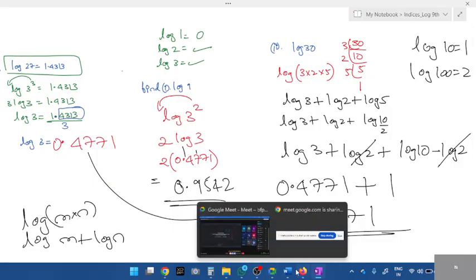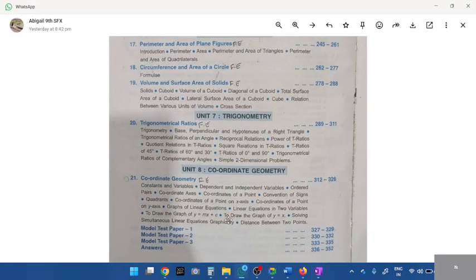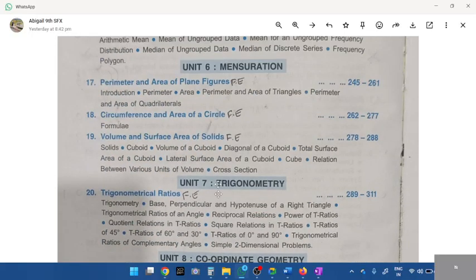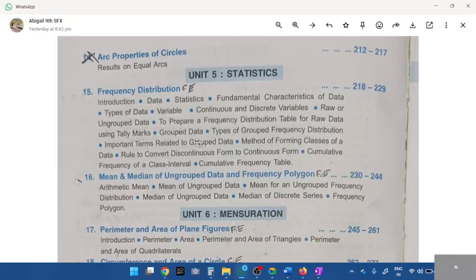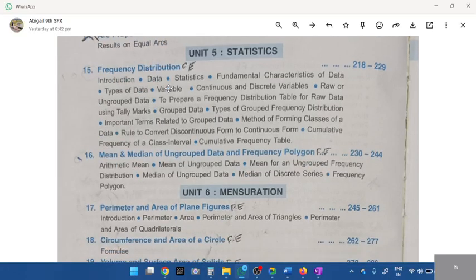It was done. What was Kia doing when I was teaching coordinate? Check once. Was it coordinate or frequency distribution? Which one we didn't do? Oh, coordinate.